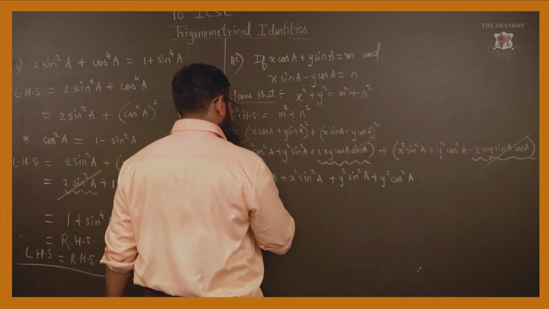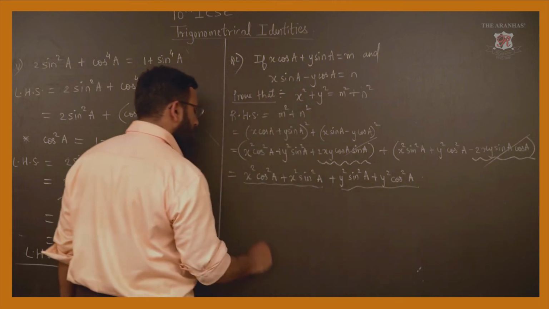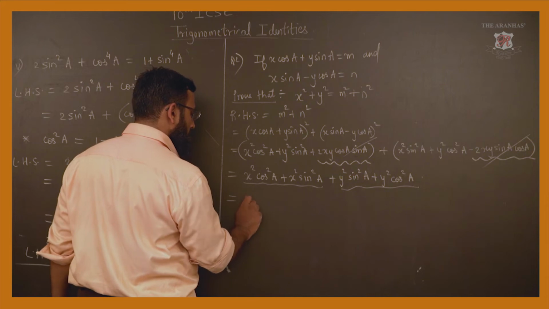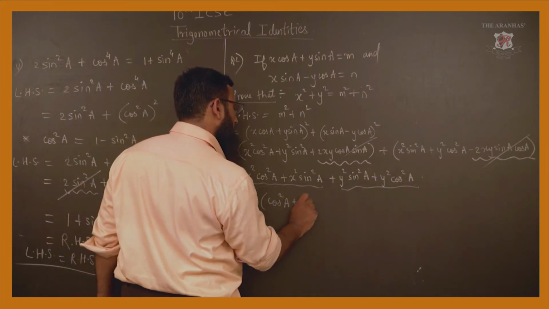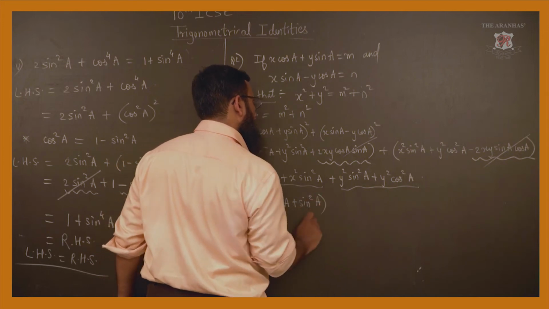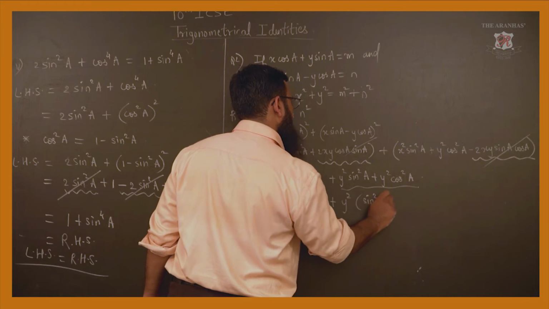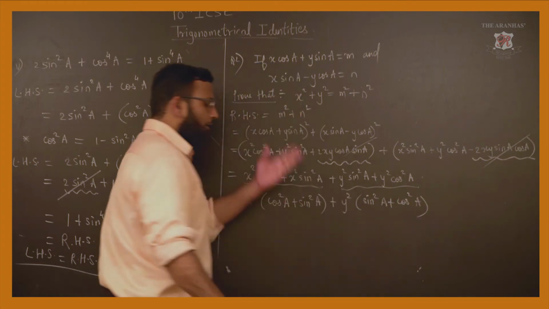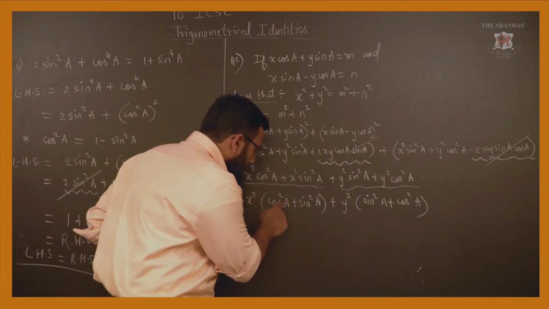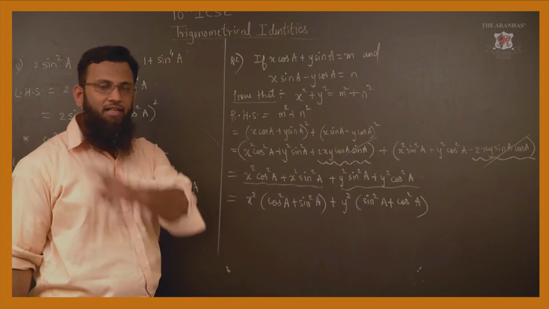Let us collect them together and take the common terms. So it will become x square into bracket cos square a plus sin square a plus y square into bracket sin square a plus cos square a. And again, if you observe this, the terms in the brackets resemble the identity.